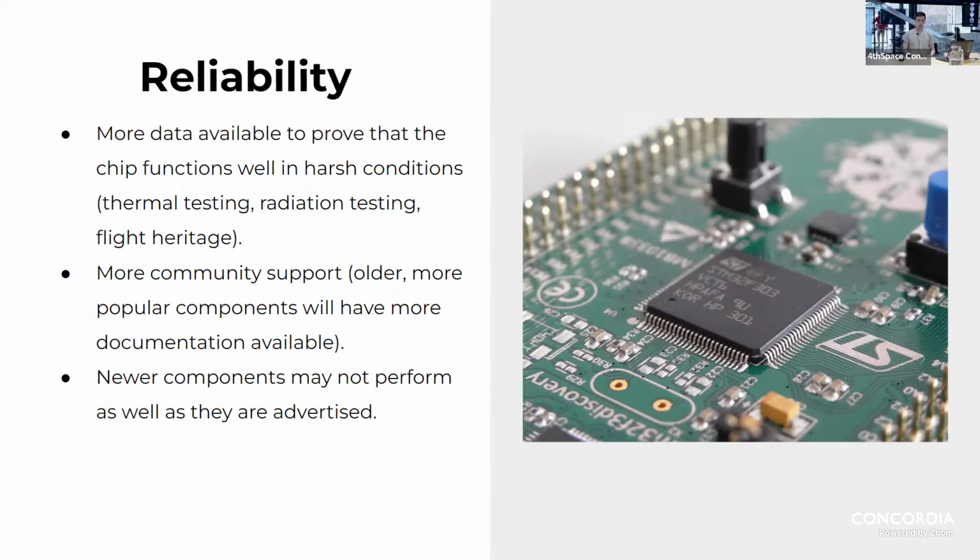So when we're picking components, ideally we want to pick chips that have undergone certain types of testing, like radiation testing, thermal test, because the operating ranges for temperature in space are a lot wider than what you'll find here on Earth. And also, if we're able to use microchips that have been used in other space missions, that's even better, because then we have confirmation that this chip will operate the way we need it to once it's in those conditions.